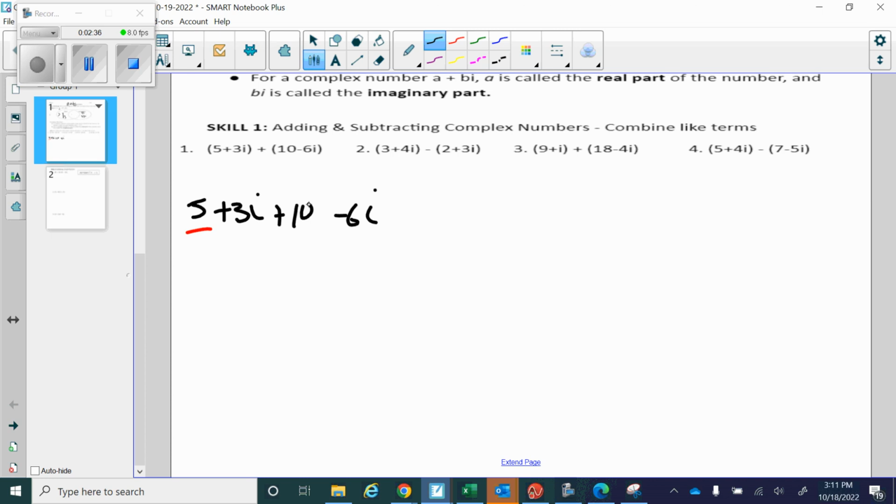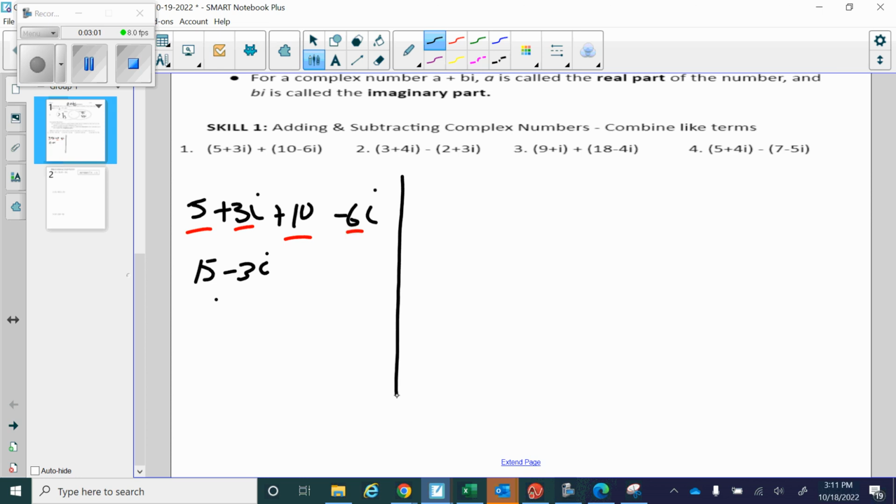With 5 and 10, those are my like numbers right here, and that gives me 15. And then for the imaginary numbers, I have 3i minus 6i, and that gives me -3i. Kind of just like adding with variables. You combine like variables, like terms.